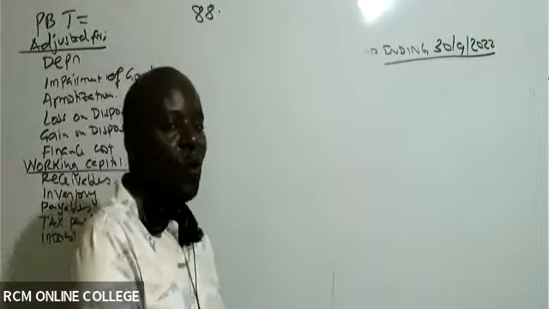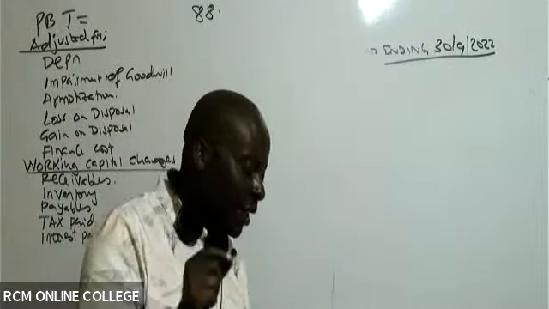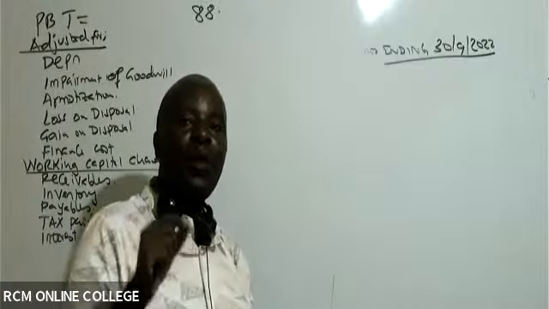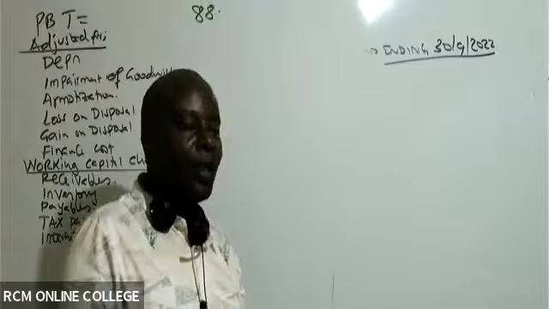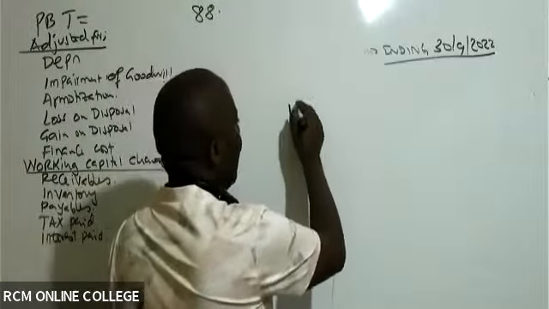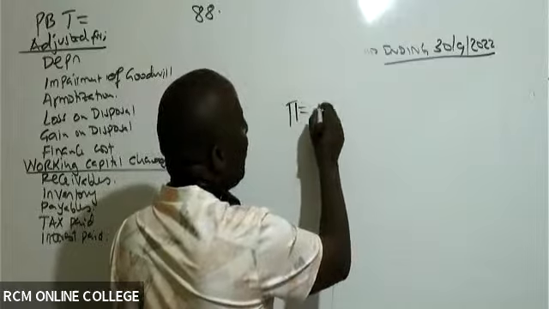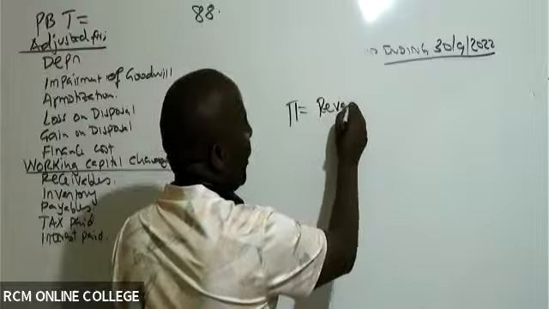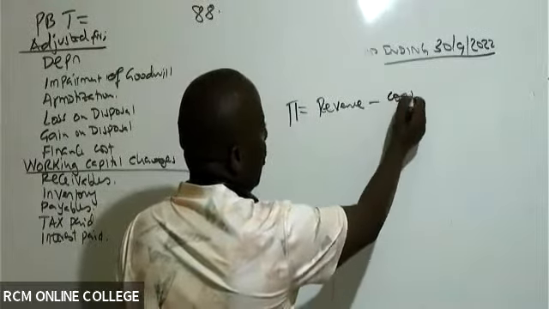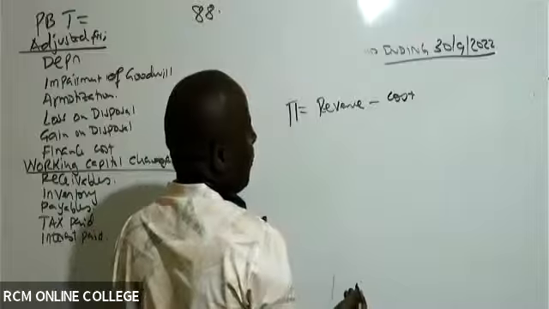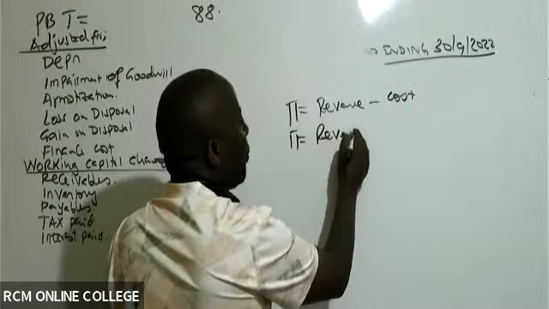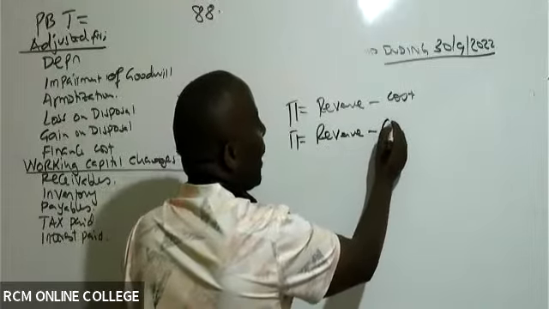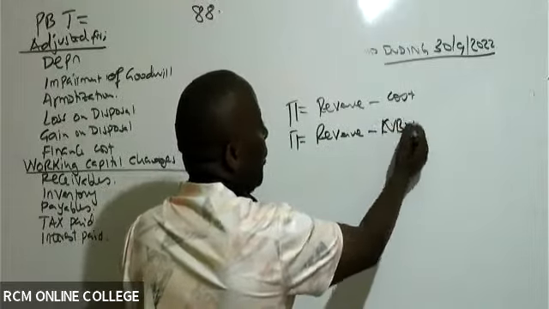So, ladies and gentlemen, we had machinery that was worth 12 bob. The worth here is 12 bob, but we are selling them for 10. So remember, how do we get profit here? To get profit, you simply look at the revenue you have gotten minus the cost. So our profit in this case here will be the revenue that we got, minus the carrying, what they can call the net book value.